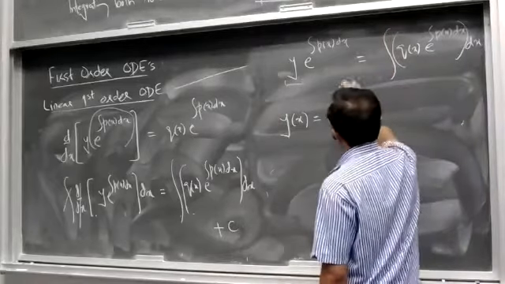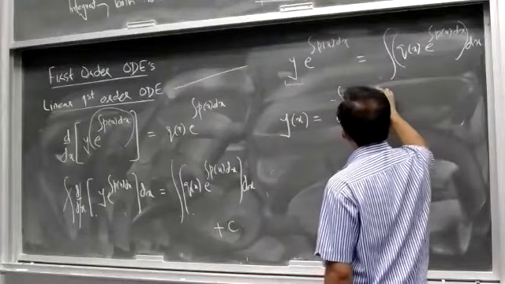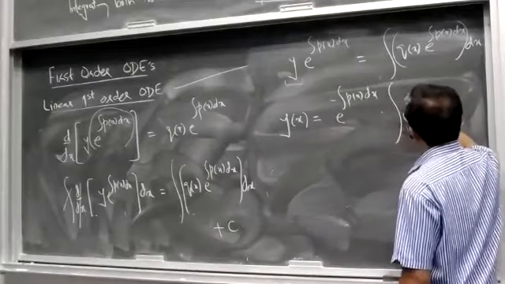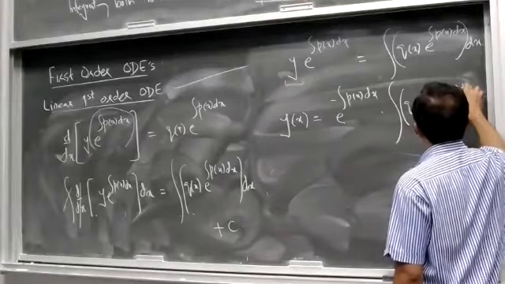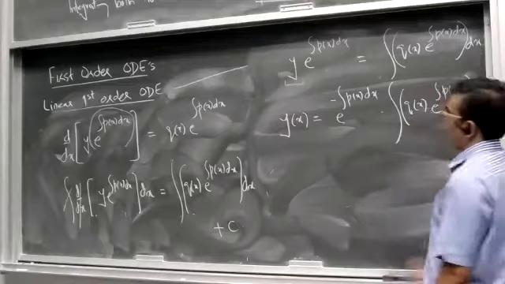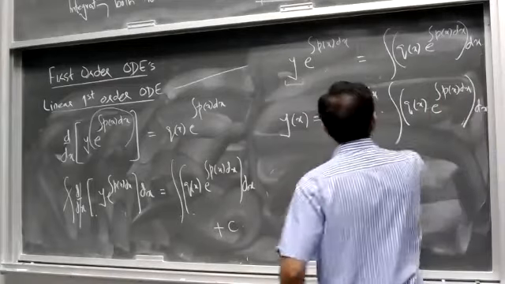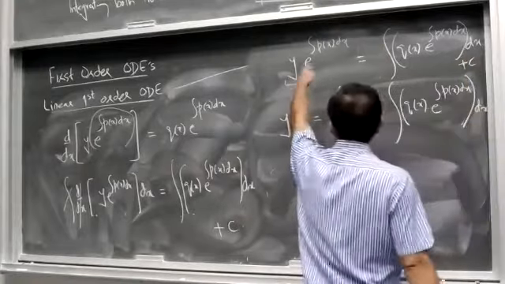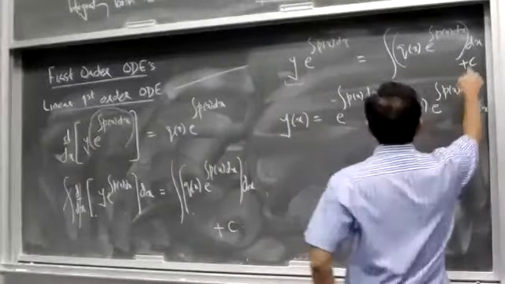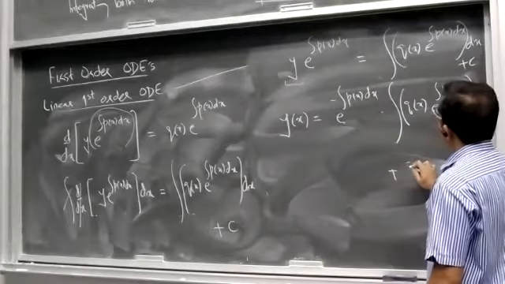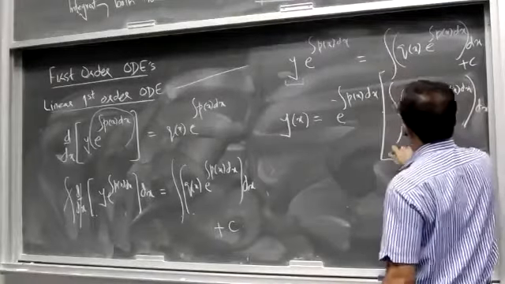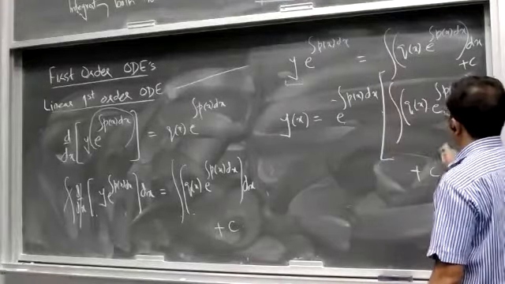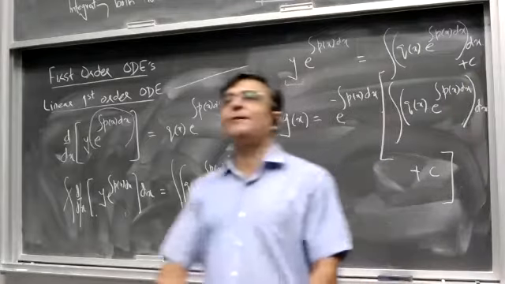It becomes e raised power negative integral p of x dx times integral of q of x into e raised power integral of p of x dx whole d of x plus, here c was also there, plus c. When you divide this, it will be divided with c as well. So it becomes c, or you write it in brackets here. Okay, this term will be multiplied with this plus c both. Okay. So this is your solution. This is your explicit solution.